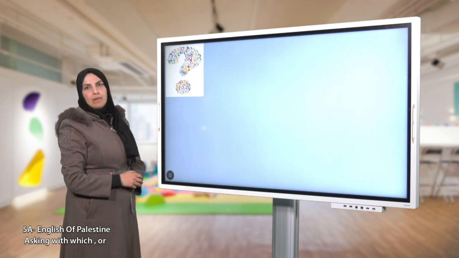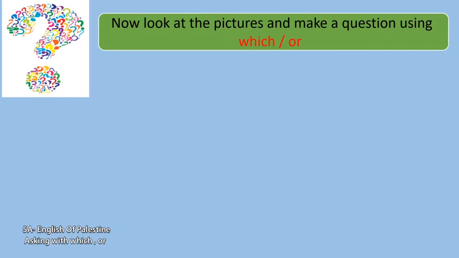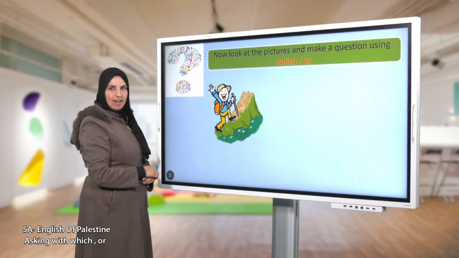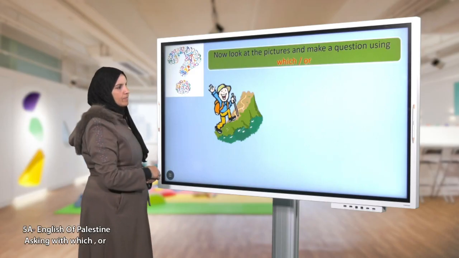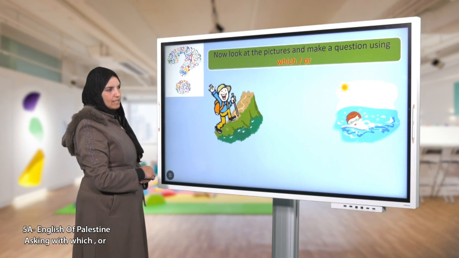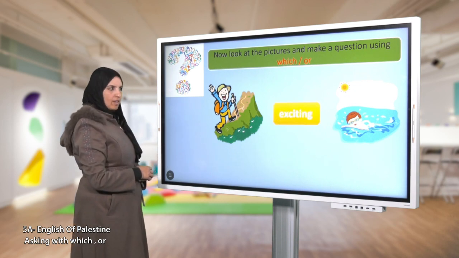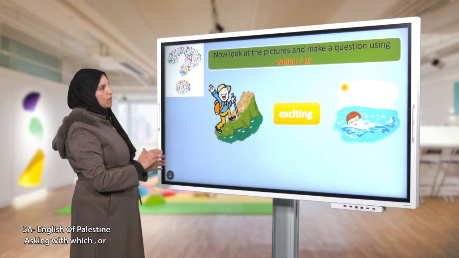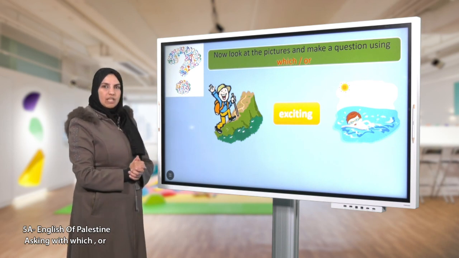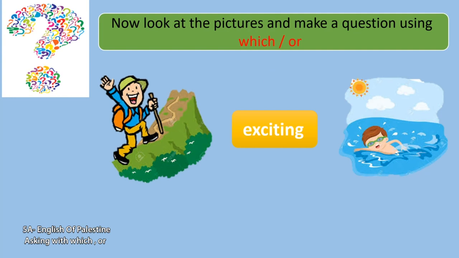Now we are going to play a game. Look at the pictures and make questions using which and or. Look at these pictures. Hiking and swimming. What is the adjective? Exciting. We are going to make questions. What do we start our question with? Excellent.